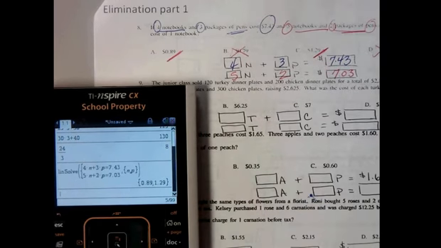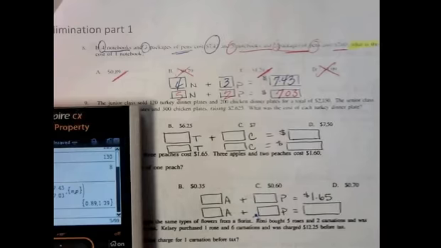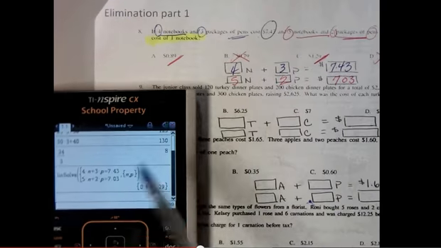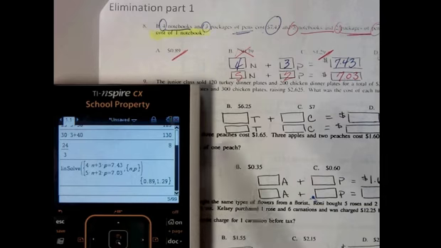How will I know what the answer for the question is? Well, the last part of this question says, what is the cost of one notebook? Since N came first, this first number is N, therefore A is the answer.